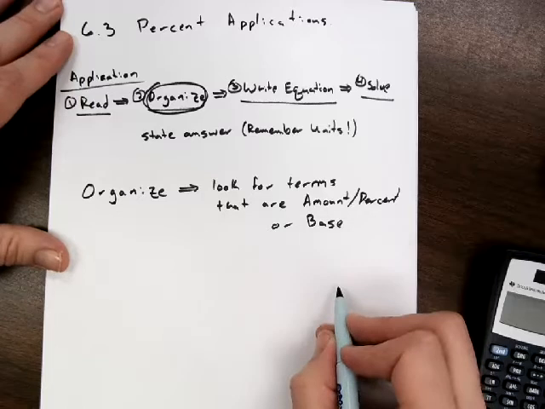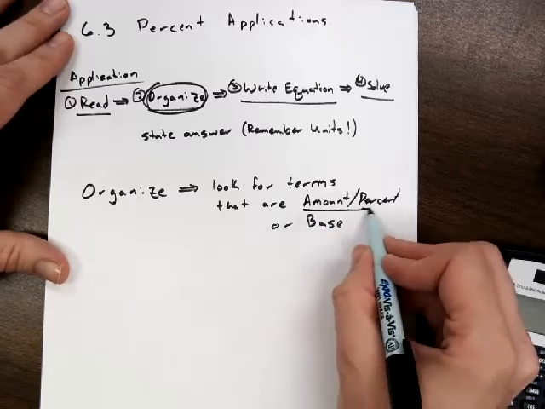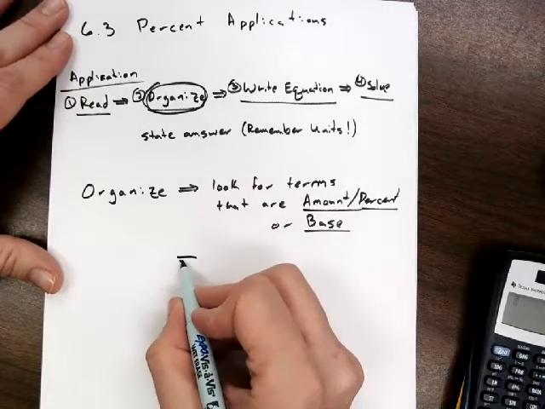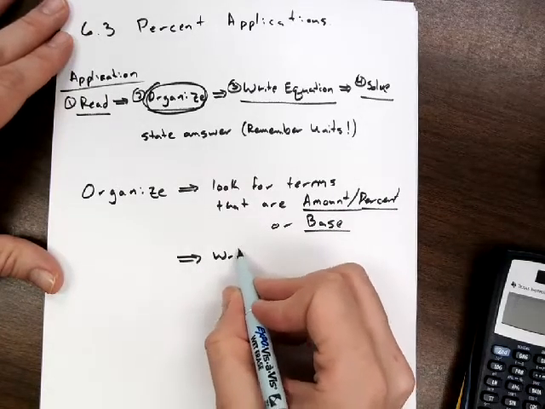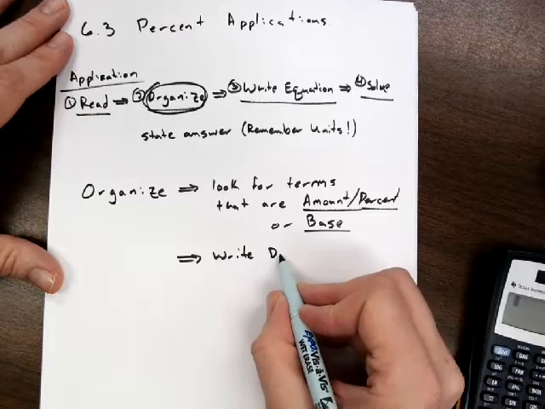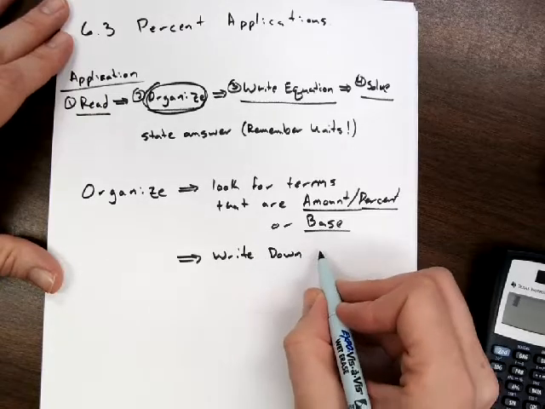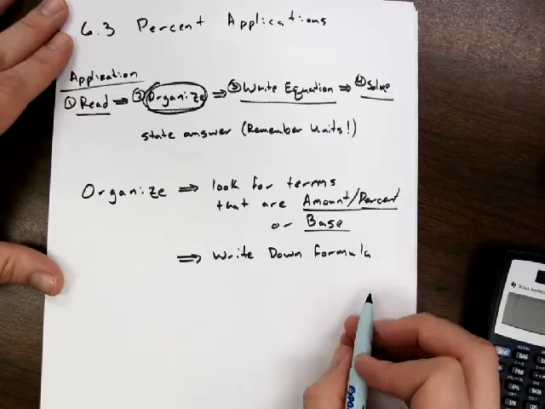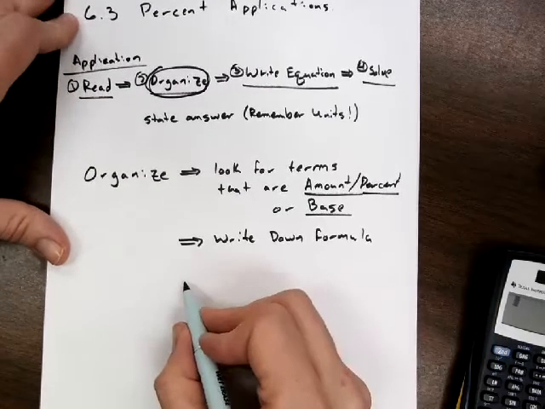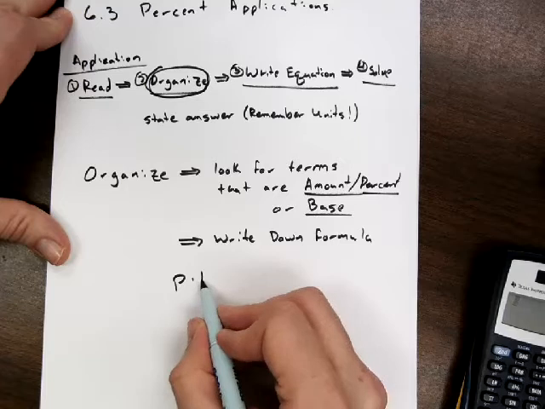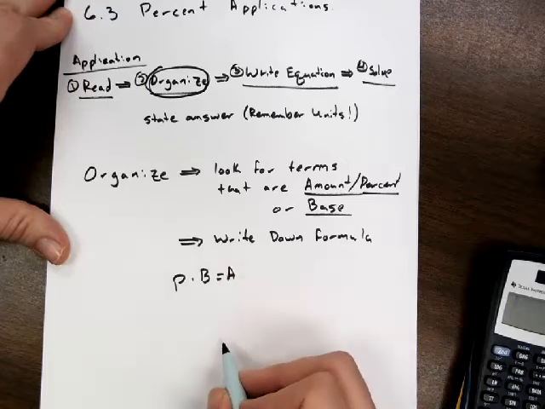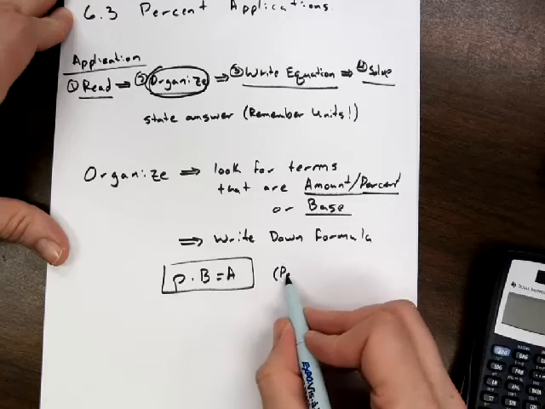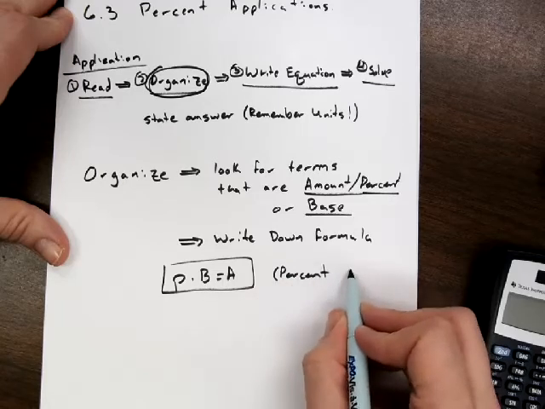That's going to help inform what we're doing. The other thing that I like to do when we organize is write down any particular formula that we'll need. Since we've been working with percents, I like the percent equation: percent times our base is equal to an amount. Remember, that's the percent formula.